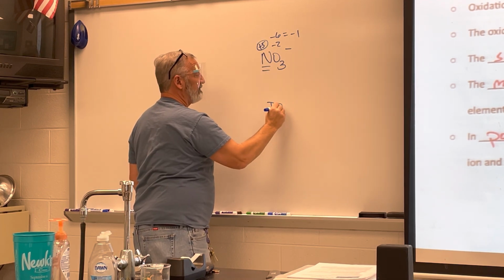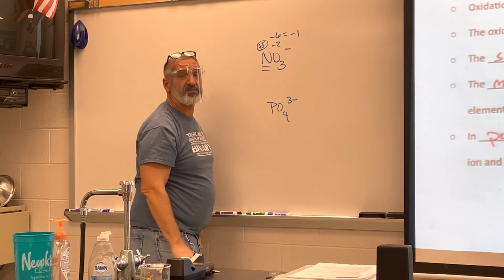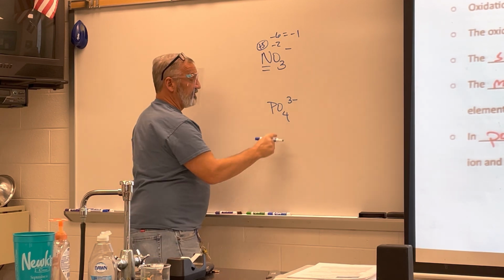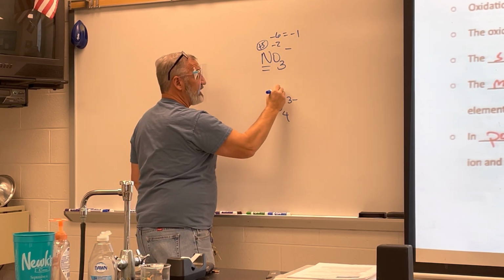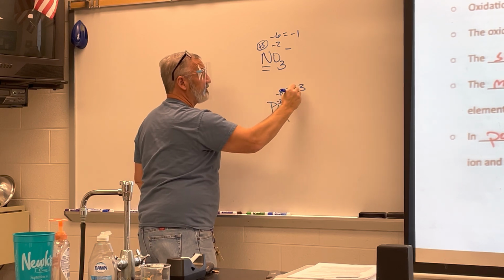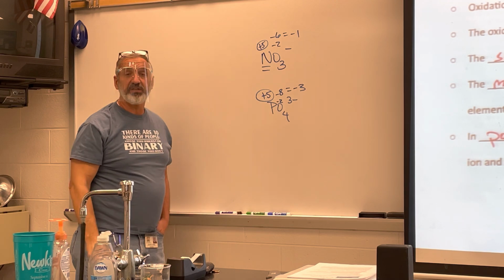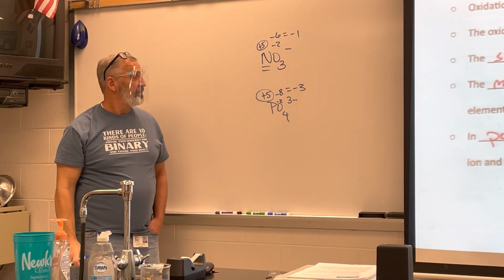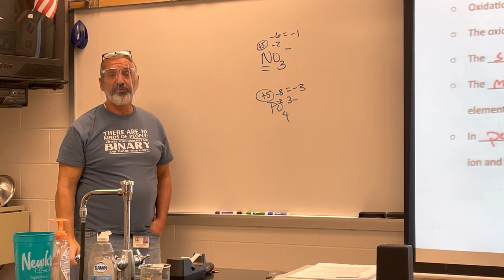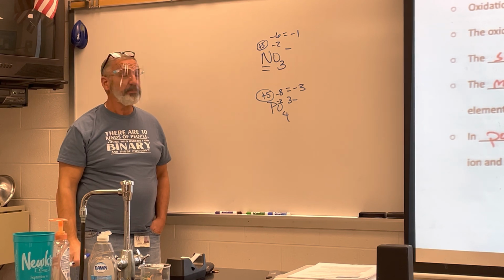So phosphate is PO4 3 minus, -2 times 4, -8, has to equal -3. So phosphorus again must be in the +5 oxidation state. Is that +5 the most common combining with oxygen? For phosphorus, yes.